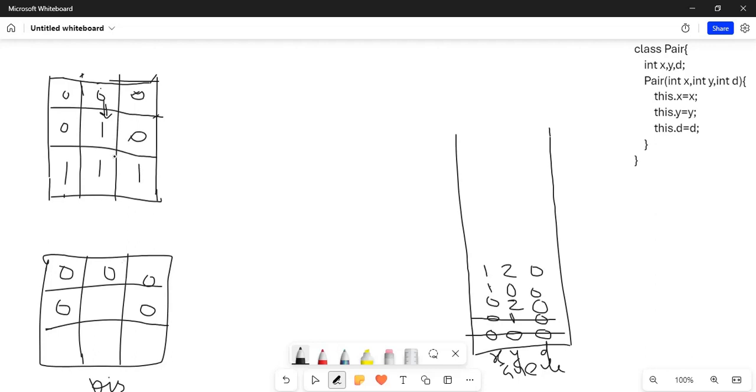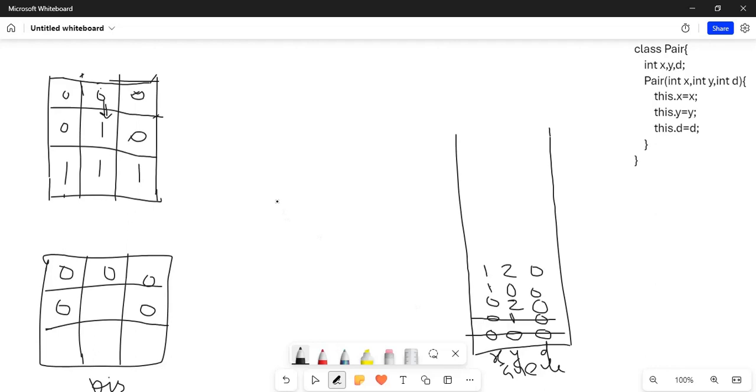If you are able to find cell value 1 and there is no evaluation in visited, that means visited is blank. You can fill visited with -1 initially, but here blank means there is no evaluation for this cell. That means here if you are at 0 and you are able to find 1, that means 1.